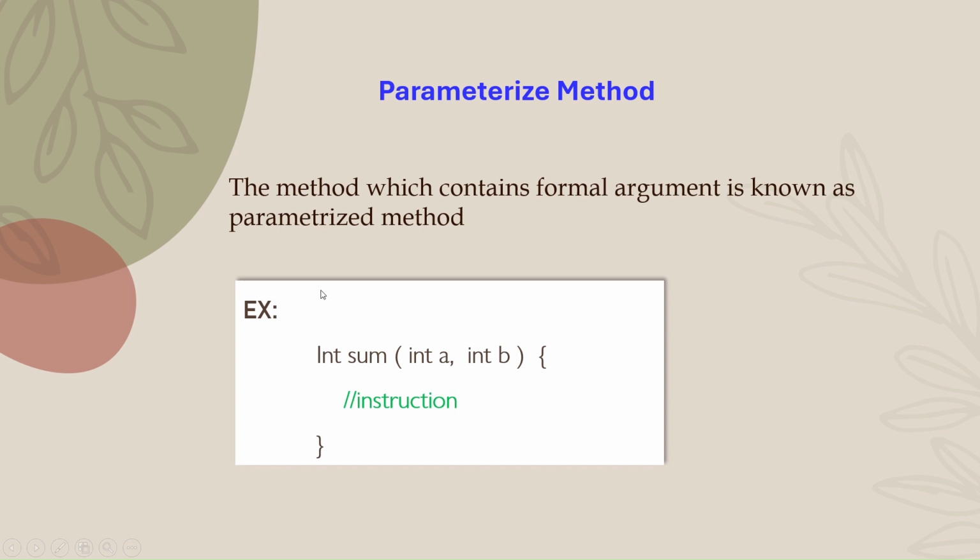As you can see in this example, int sum with int a, int b in the parentheses, and then the block of the method instructions. The arguments passed inside the method make it a parameterized method. So int a, int b means we are creating two variables here, int a and int b. That is why this method is considered a parameterized method, and the variables inside are called arguments.